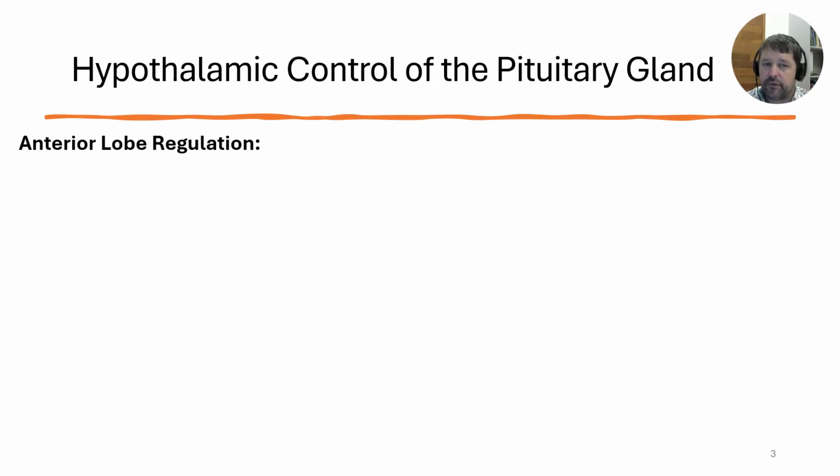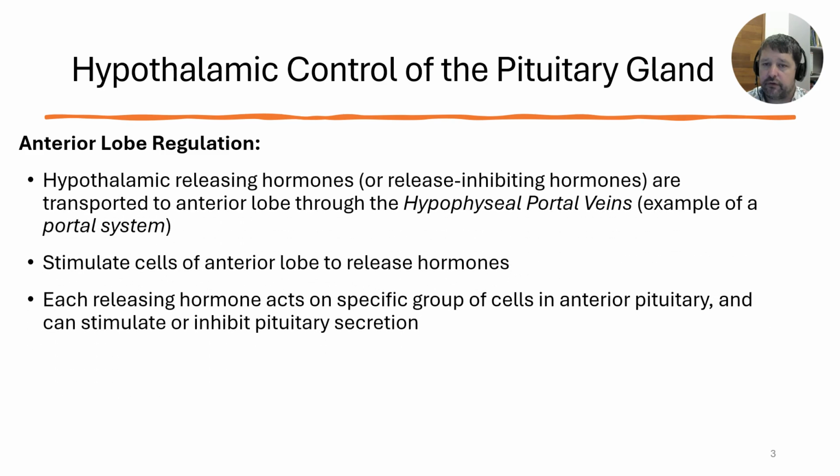All right, let's talk a little bit about the anterior lobe regulation. Again, it's connected by hypophyseal portal veins, so there are veins coming from the hypothalamus into the anterior lobe of the pituitary gland.